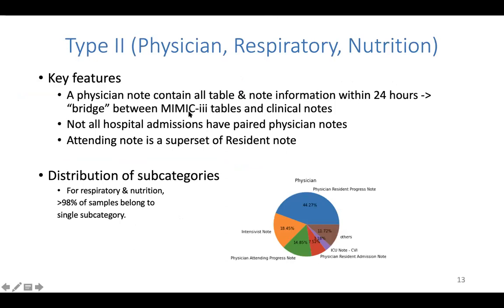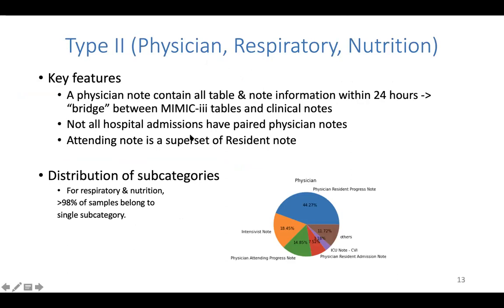Type 2 is physician notes, so we'll just briefly go through them. Type 2 includes physician notes, respiratory notes, and nutrition notes. A key feature is that a physician note contains all the information within 24 hours, because physician notes are generated usually every 24 hours, or maybe every 48 hours, based on how often the doctor checks up on you.